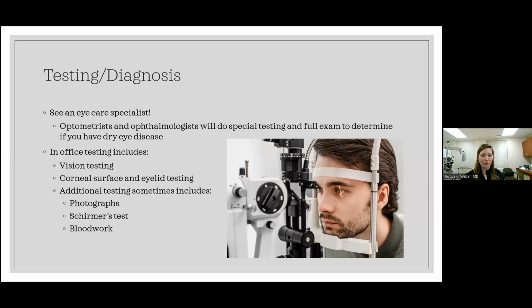They're going to check the front surface of the eyes, including your eyelids, the oil glands, how much tears you're making. And they may do some additional testing, including specialty photographs, something called a Schirmer's test, as well as blood work to evaluate and see if anything else in the rest of the body is pointing to you having dry eye or ocular surface problems.